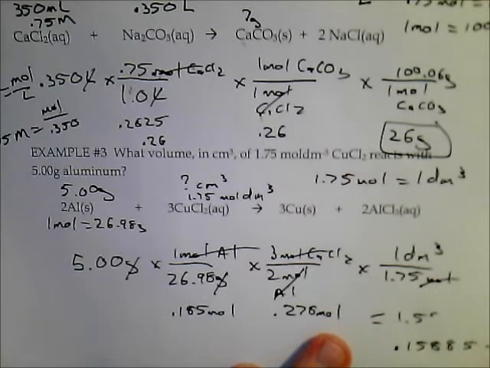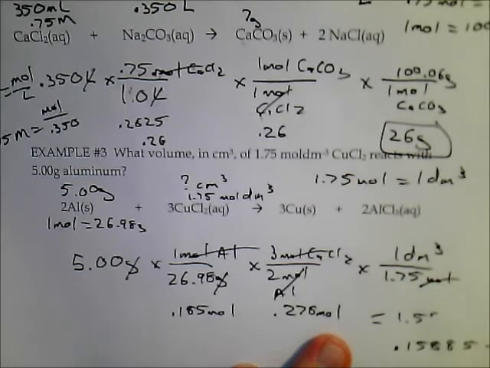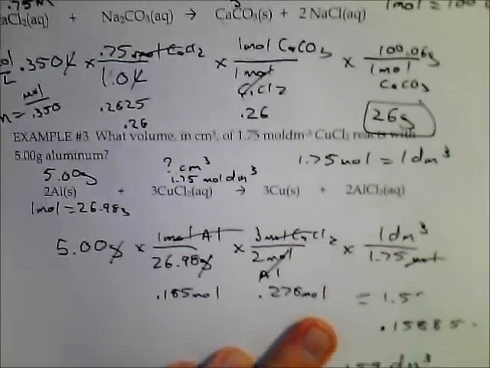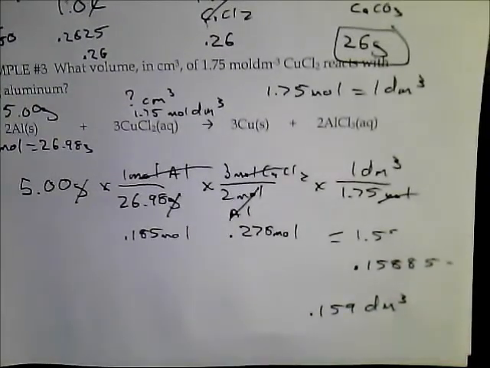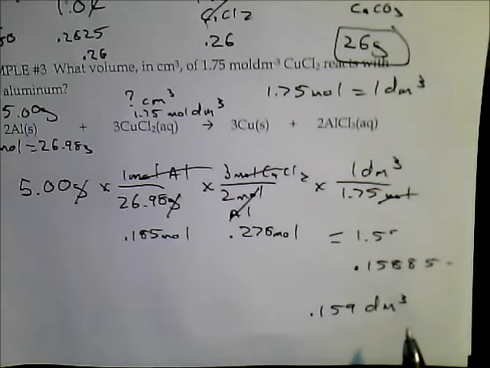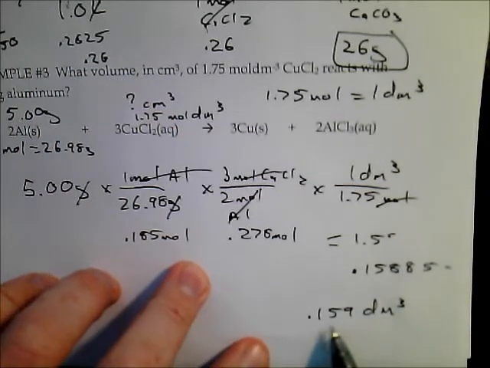So let's call it, what's my unit? My unit that's left over is cubic decimeters. Okay, so we've pretty much done it. We've got a volume. The only thing is this problem asks us for cubic centimeters, and we're given cubic decimeters here. This is the same as liters, remember?